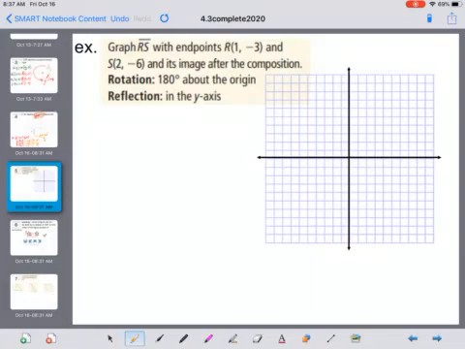So this next one has two things happening to it. First off, we're going to take our original ordered pairs of R and S, which is 1, -3, and 2, -6.